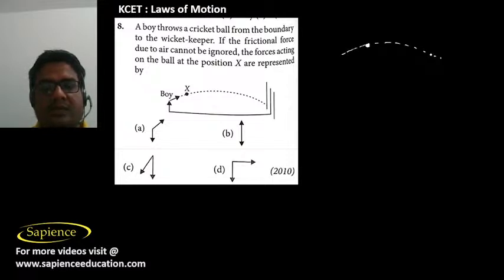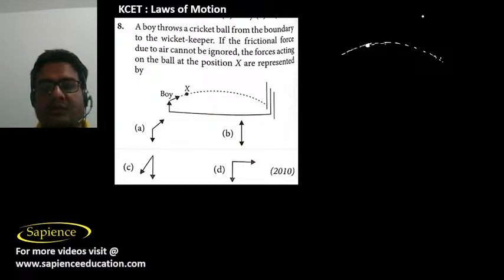Here the frictional force due to air is not ignored, so it will not be exactly a parabolic trajectory. A parabolic trajectory will come only if there is no frictional force of the air. But here the frictional force of the air should be considered.